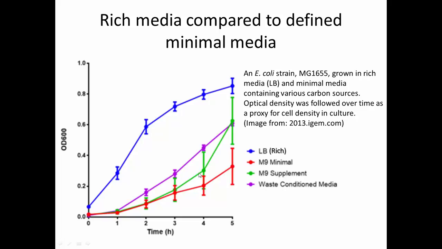But if they're in minimal media, they grow, and they may eventually reach the amount of cell mass that they can reach in rich media, but it's going to take them a lot longer, because a lot of the stuff they need to make, they have to actually make, like a lot of amino acids, nucleotides, and things like that. They can't just pick them up from the media, and that takes time.